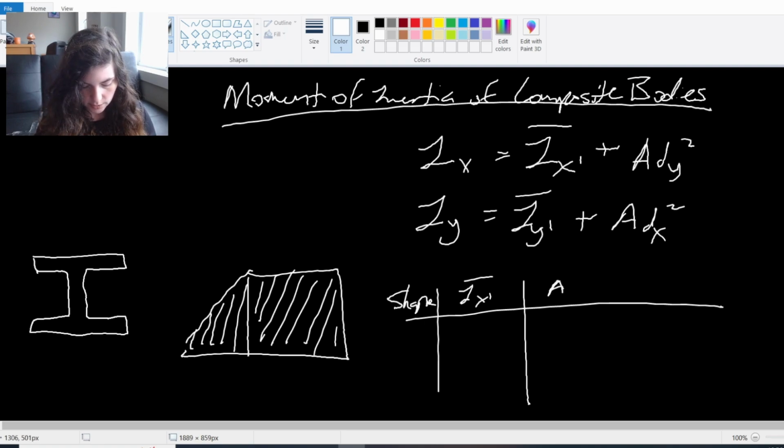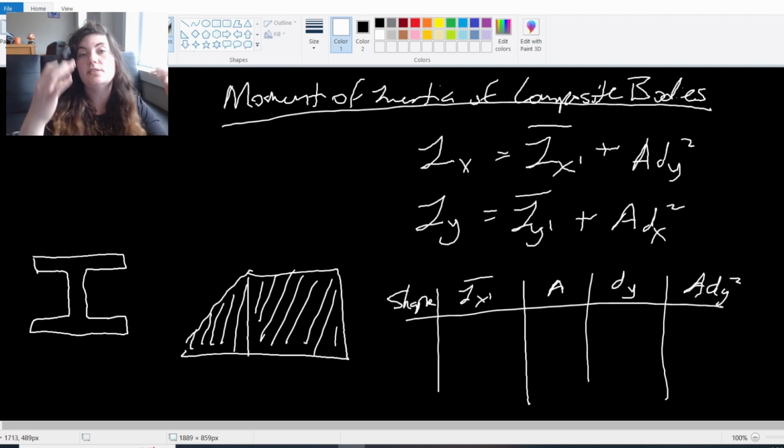Our area, our dy term, and our a dy squared, so that we can just sum these down the table and then add them together, and that will give us our moment of inertia for all of the separate shapes together into one composite body. Let's take a look at an example.